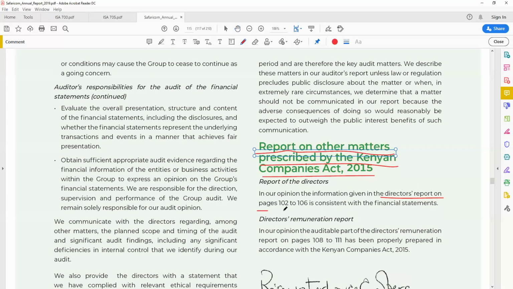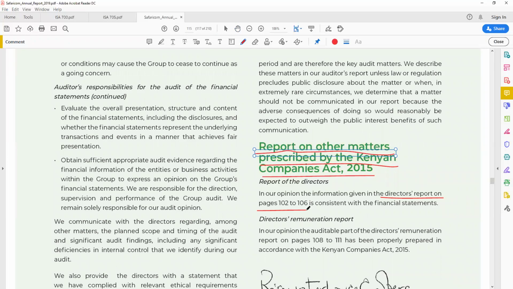So simply giving an opinion regarding the report of the directors, over and above the ISA, what else the law requires of me. If you're doing an audit of a bank, does the CBK require you as an auditor to do something else? As an auditor of an insurance company, does the Insurance Regulatory Authority require of you something else over and above the usual, that means the ISA?